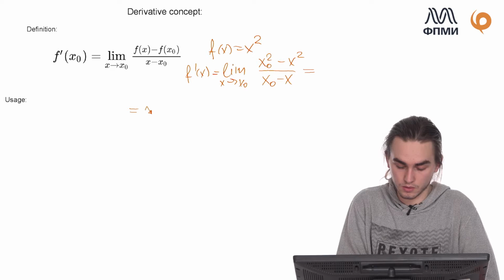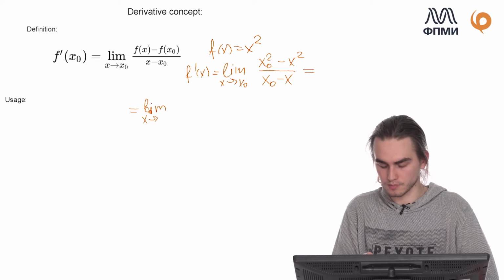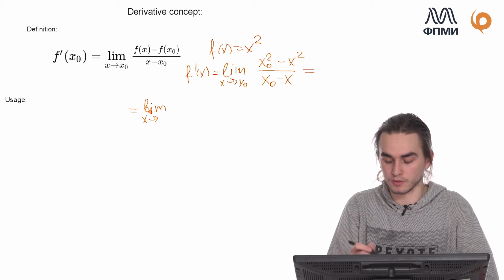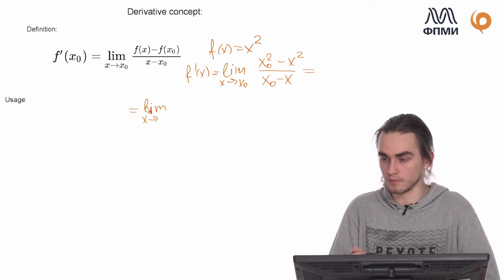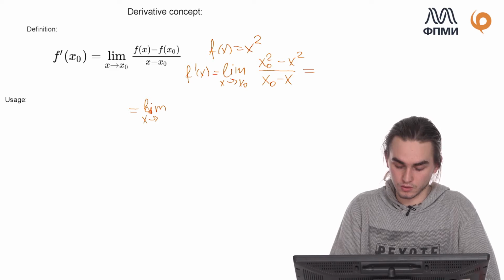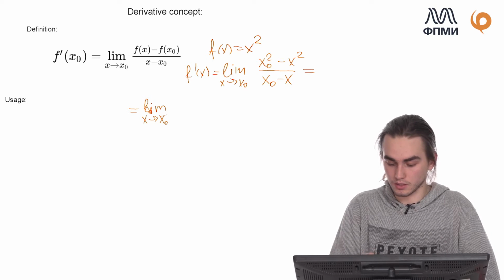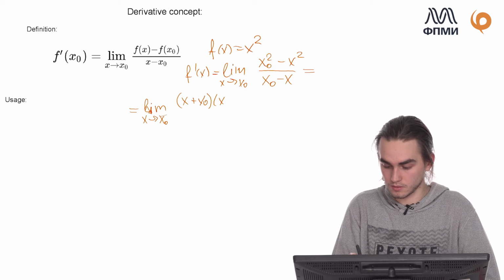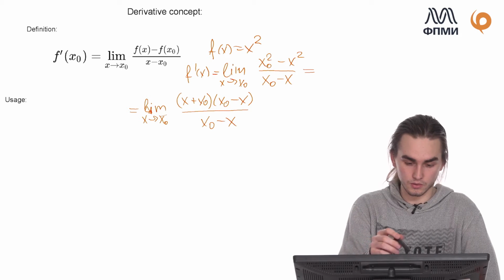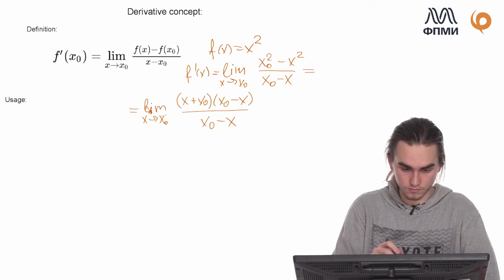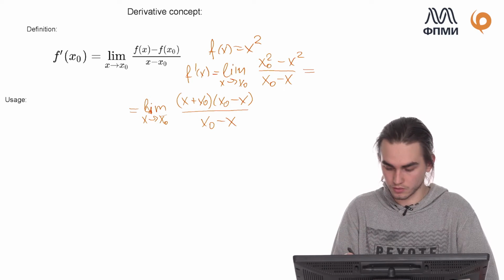We will split x sub 0 squared minus x squared into the product of one sum and one subtraction. Okay, the limit stays untouched. X plus x sub 0, x sub 0 minus x, divided by x minus x sub 0. So we can definitely cross out something. Crossing out.